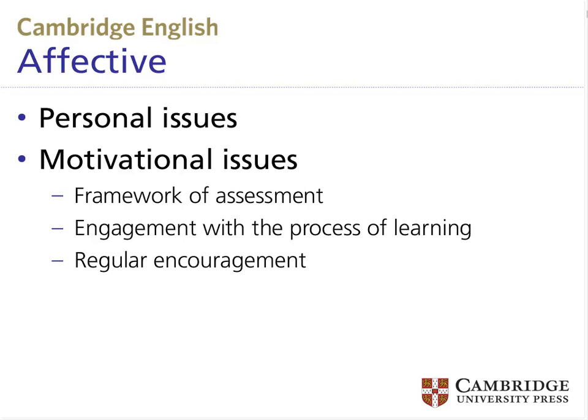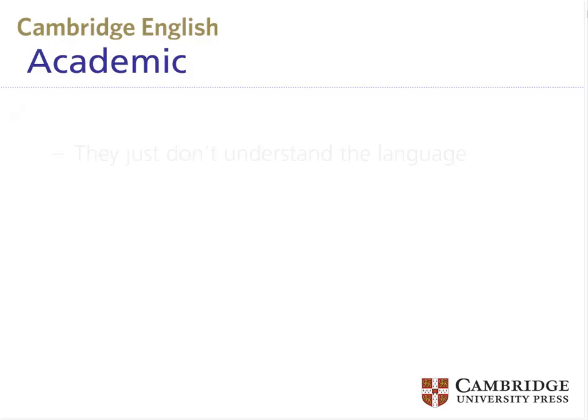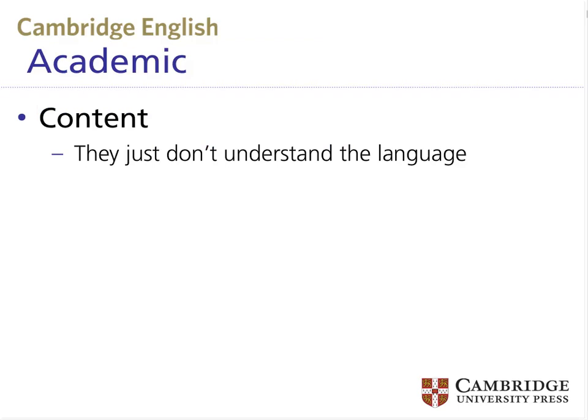And again, the data will reveal when someone is falling behind. And if this is one of the issues, having had your chat, then you need to address it on a wider scale. So the academic side, with content, they just don't understand the language. They just don't get it.